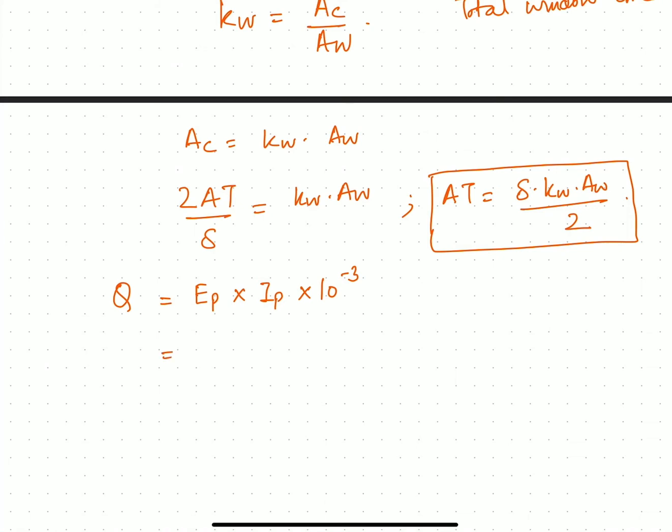So we introduce this term now. We say that this EP can be written as ET times TP times IP into 10 to the power minus 3, where this term ET is equal to volt per turn, right?